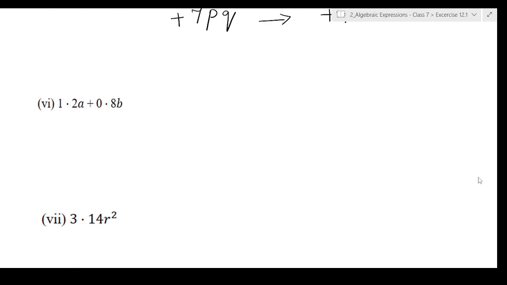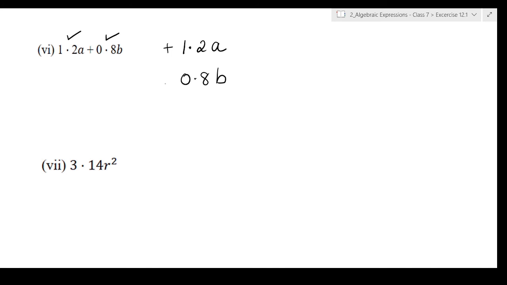The next one is 1.2a plus 0.8b. So again here you have two terms and there is no constant in this algebraic expression. There are no terms which are completely numbers. So the first term is 1.2a and the second term is 0.8b.